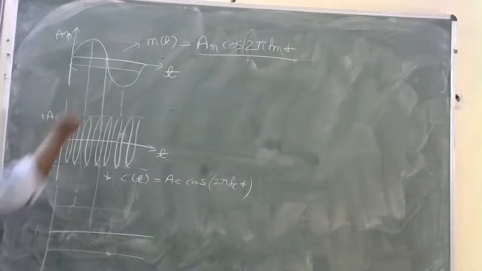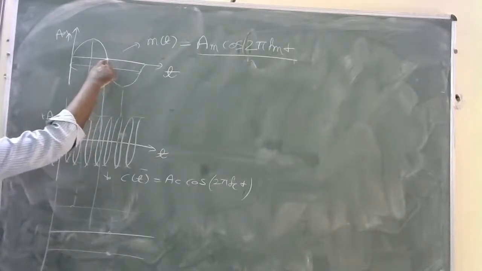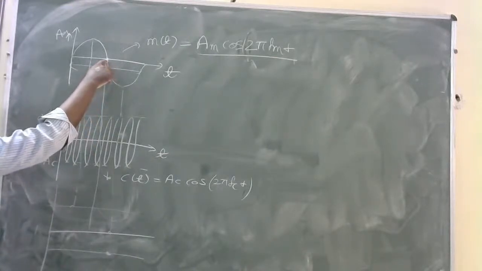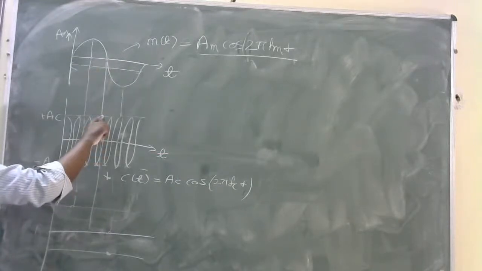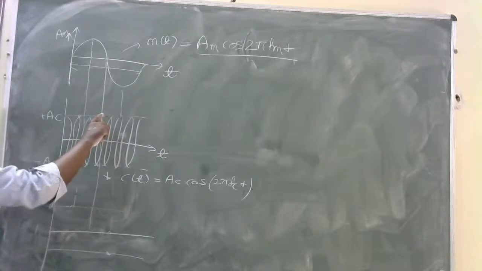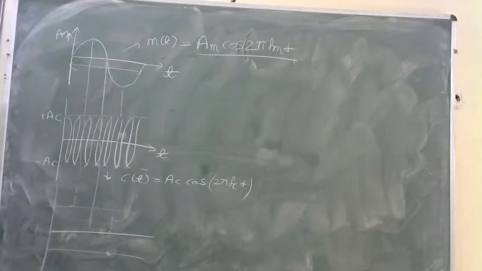Is it clear? And at this point, the amplitude of the message signal will be 0, and the amplitude of the carrier signal will be Ac. So what will we get as the amplitude of the modulated signal? Ac. Is it clear?